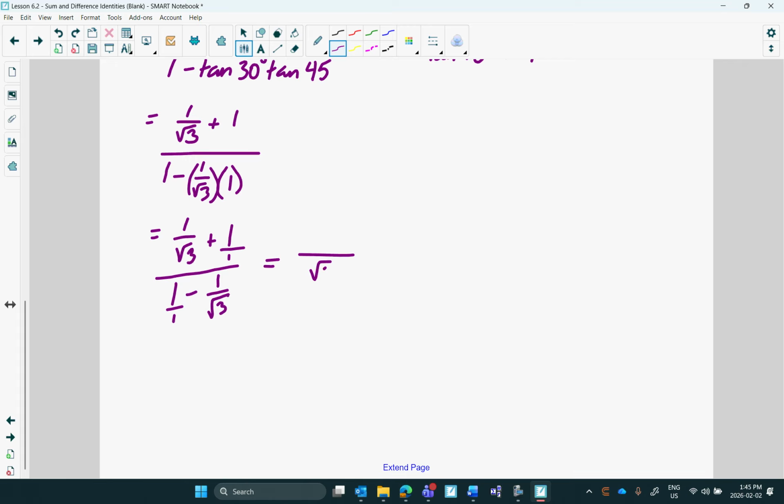Root 3. So I get 1 plus root 3, right? Same thing here, except I would get root 3 minus 1.